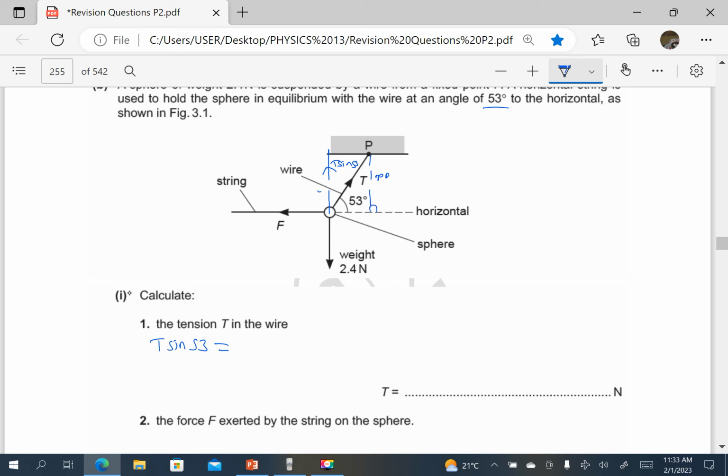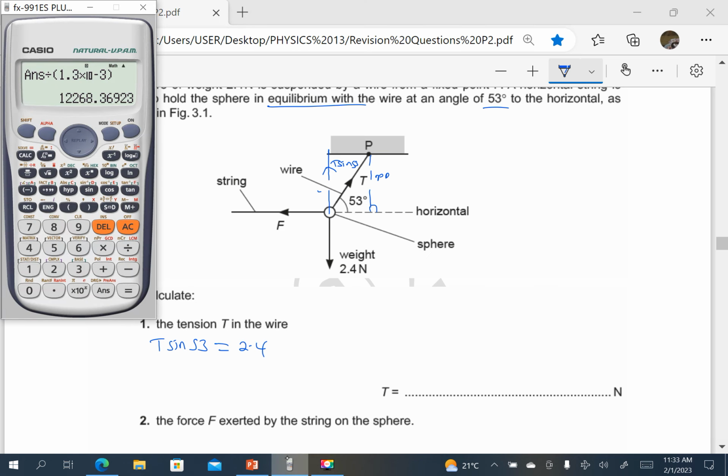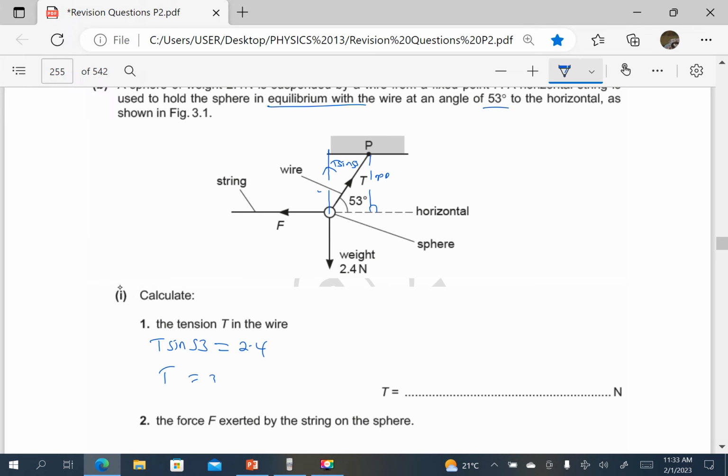It should be balancing with the weight downwards if there is equilibrium, so this should be equal to 2.4 newtons. When I press my calculator, 2.4 divided by sine of 53, we get 3.00. So T is 3.0.